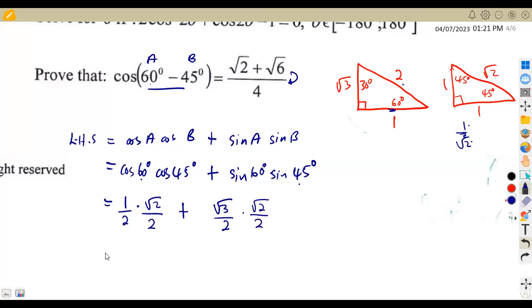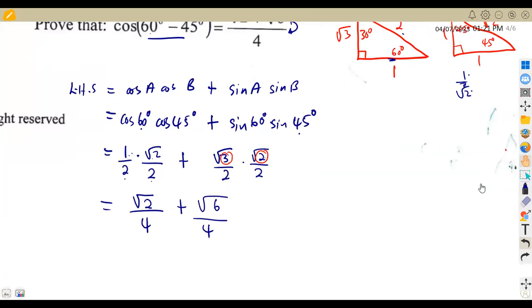In this case, we can multiply the numerator to the numerator. 1 times square root of 2, that's square root of 2, over the denominators, 2 times 2, that is 4, plus square root of 3 times square root of 2. Remember that if you're multiplying surds, you multiply the numbers under the square root. So 2 times 3, that is 6, everything over 2 times 2 in the denominator, which is 4.